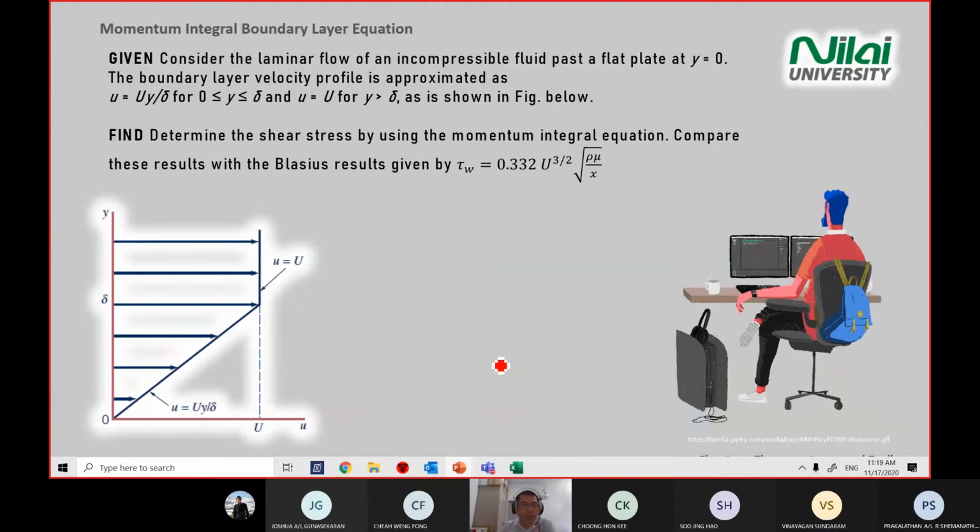Consider laminar flow of an incompressible fluid. If you study this module, you'll be happy when you see incompressible because it always simplifies your equation.